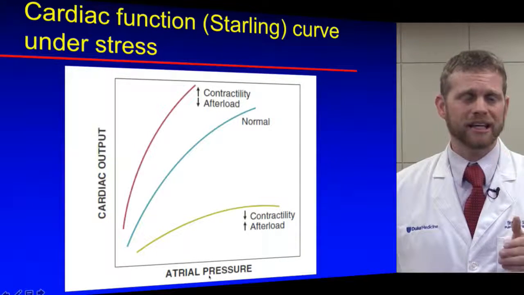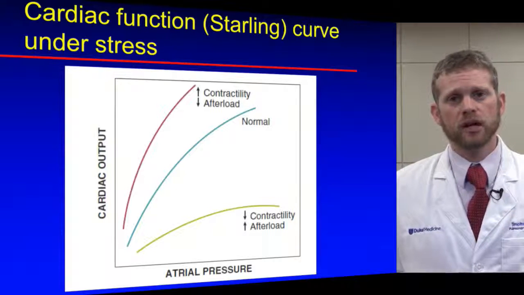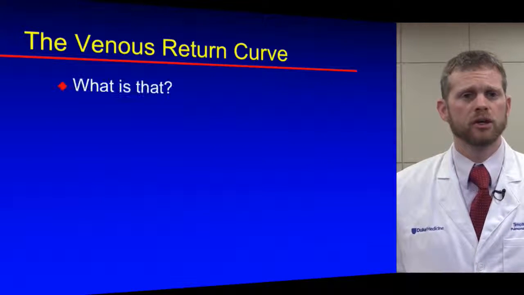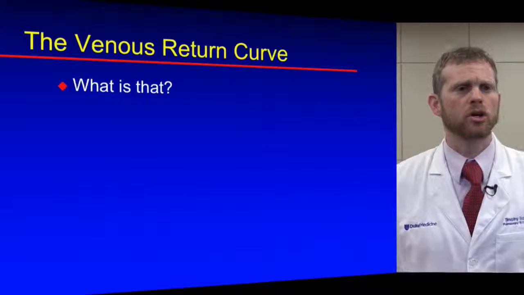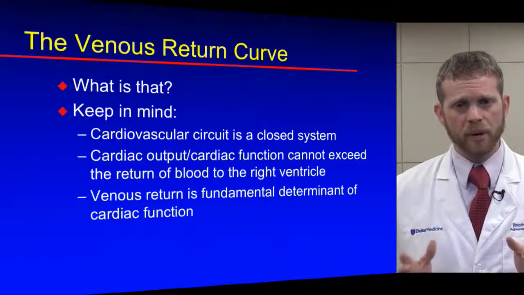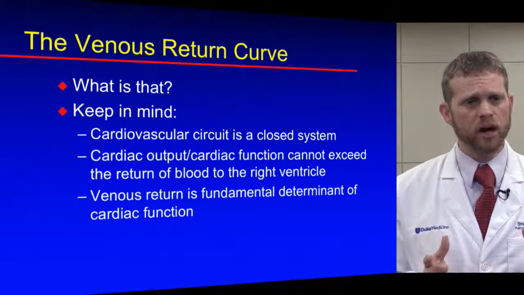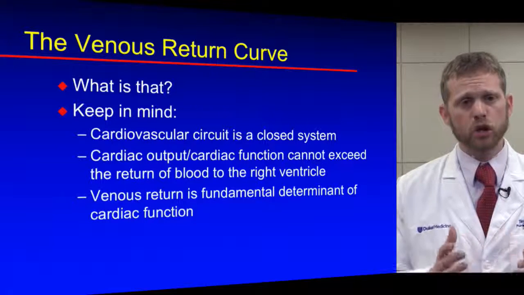To fully understand the hemodynamics of circulatory failure, you also need to understand the venous return curve. So what is the venous return curve? Well, first, I want you to keep in mind that the circulatory system, the cardiovascular circuitry, is a closed system.